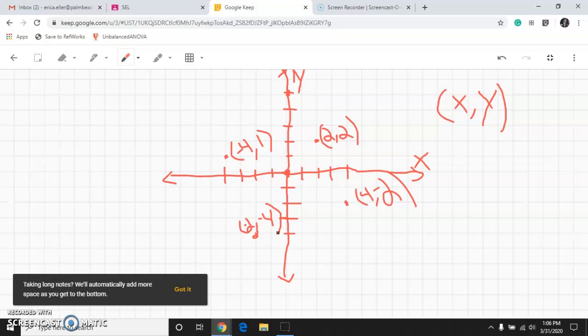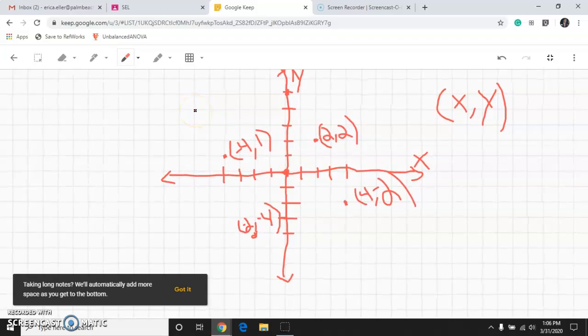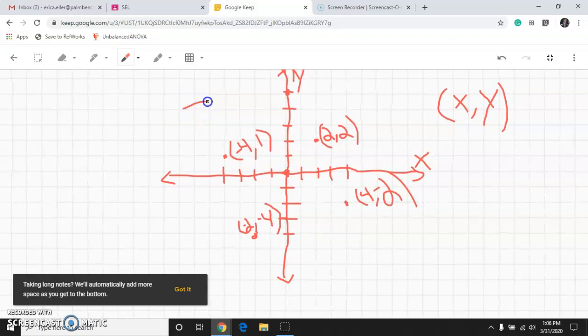So now, if you're looking at all of these, x always comes first. So x, y, x, y, x, y, x, y. So when you are doing x and y, this is a negative and then a positive. So x has to be negative, y has to be positive.